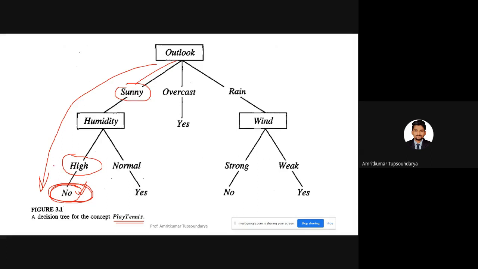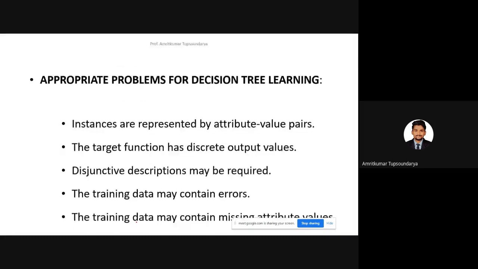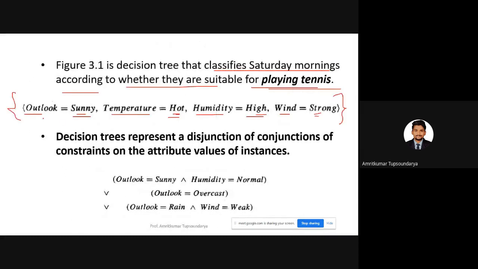The classification stands no for a negative instance, right? That means the target concept play tennis will be a no value. So this particular instance will be leading to a target concept of no.